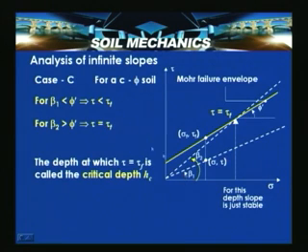Now, for beta 1 less than phi', tau is less than tau f, that means the slope is under stable condition.